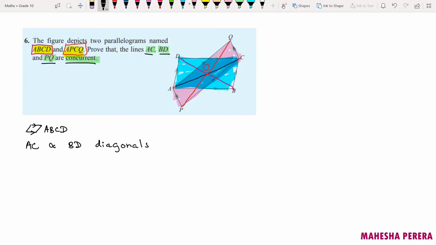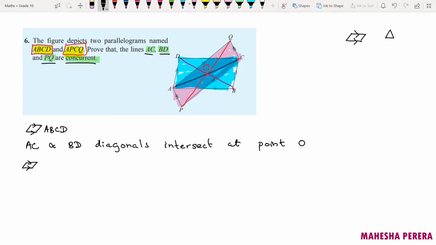So these diagonals intersect at point O. So we gave this name O. And then if you take the pink color parallelogram, you can use this symbol to denote a parallelogram, and we normally use this symbol to denote the triangle.